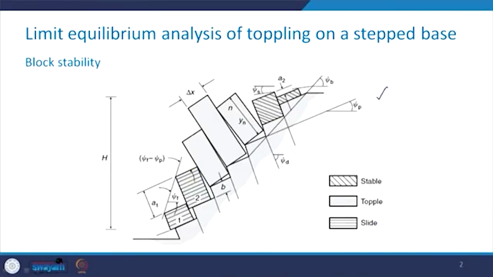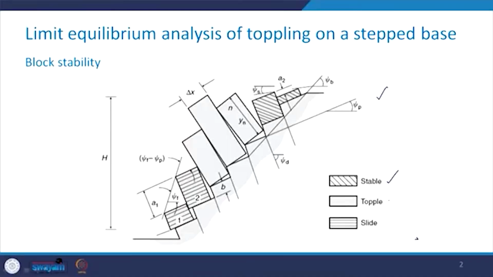So, we saw this figure in the previous class. Let us go through it once again and find out what the salient features of this figure were. I mentioned to you that there are three sets of blocks which can be present. These can be stable, these blocks may topple, or these may slide.